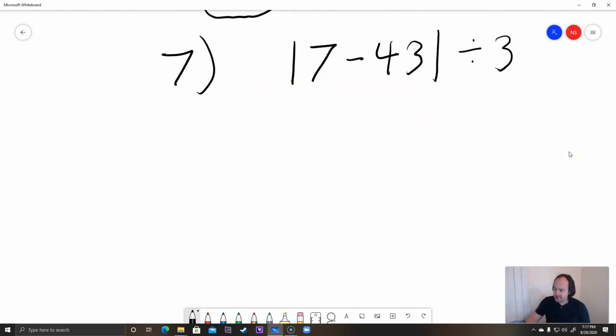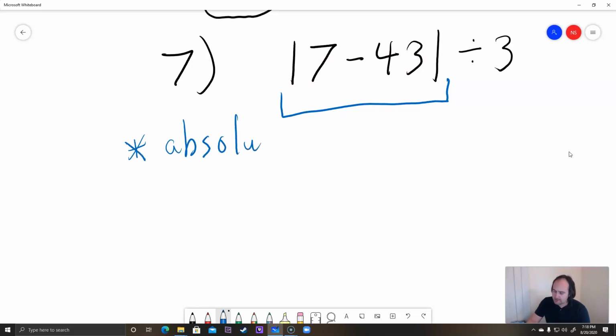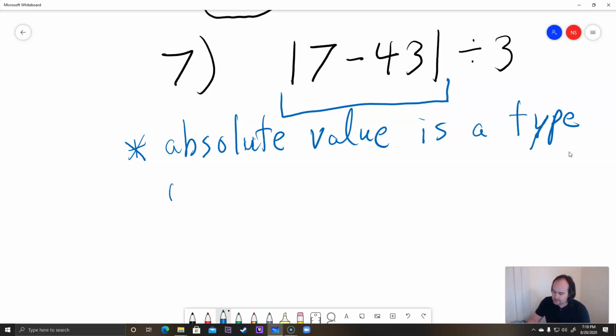So for an absolute value, you're supposed to treat them as if they were parentheses. Okay? So let me write that down. Absolute value is a type of parentheses.